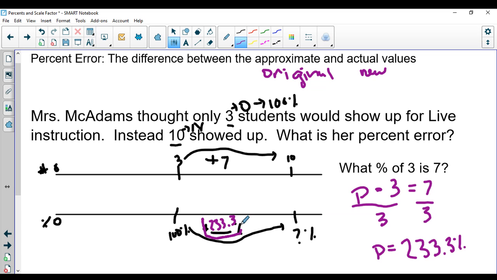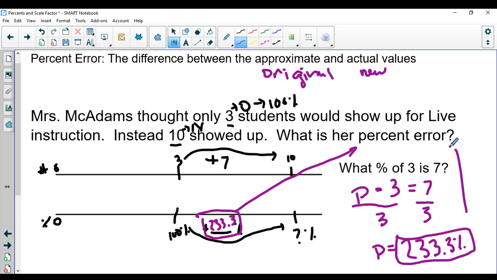This right here, this number represents my percent error. Okay, so 7 is 233.3% of 3. So as you are working today, please make sure you pay attention to the wording of the problem and what you are being asked to find, and that will tell you how you need to solve to find the answer.